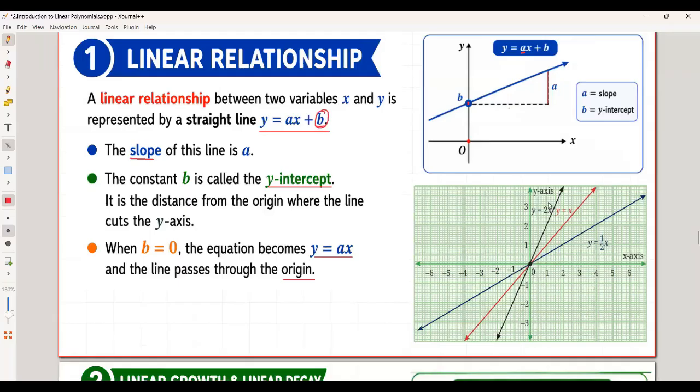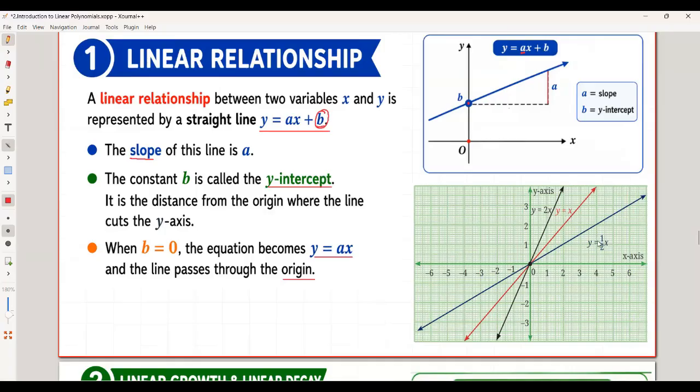So I have drawn the graph for three equations. One is y is equal to 1 by 2 of x. Here b value is 0. Second one, y is equal to x, b is equal to 0. Third one, y is equal to 2x. So three straight lines I have drawn. In all the cases, b value is 0. Here a is 1 by 2, here a is 1, here a is 2.